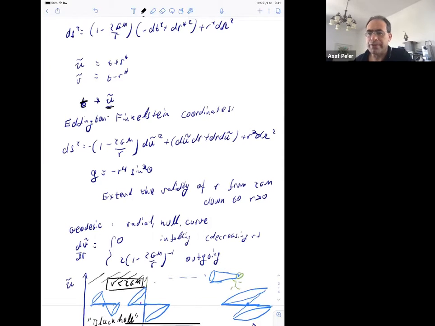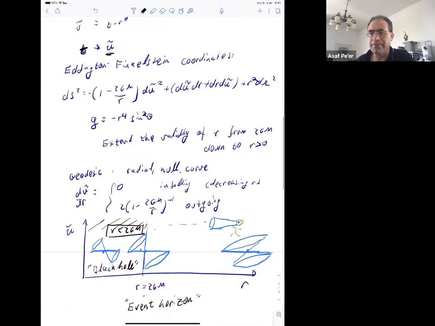But this was our choice, which broke the symmetry here. We could have chosen to replace t with a v tilde, and then we'd find exactly the opposite, namely all future directions will take us outside. This will be called a white hole, if you want.